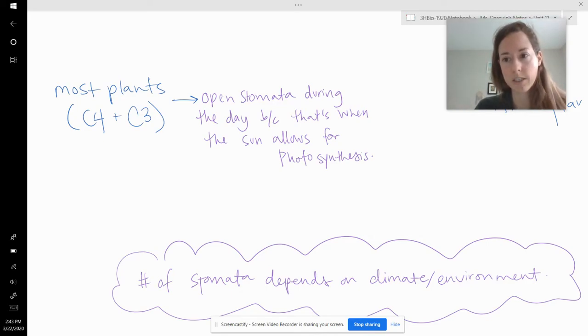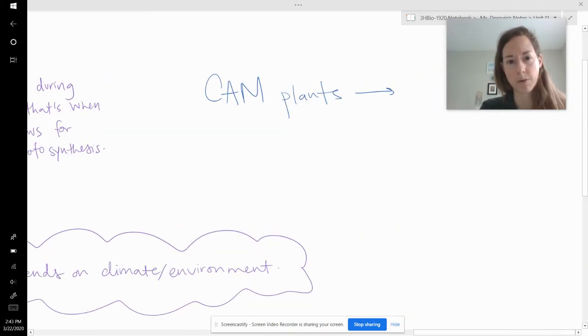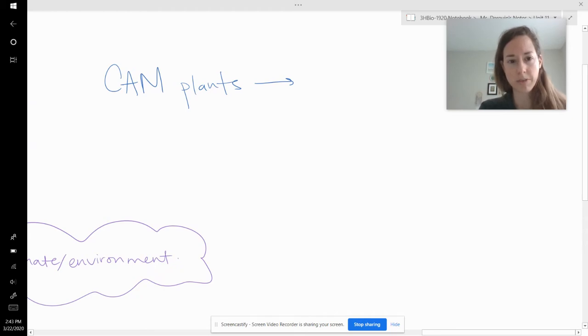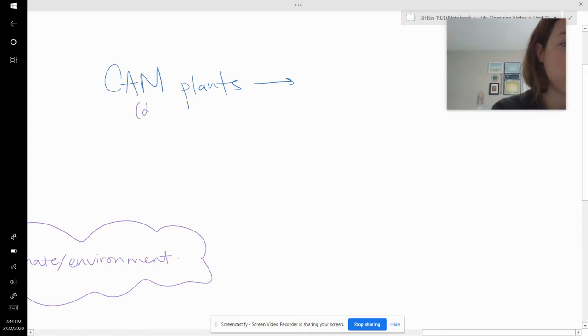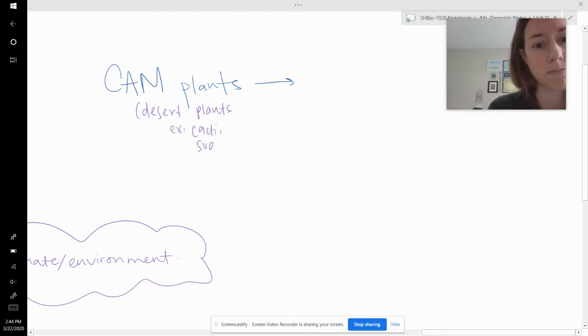Now, some plants, and I think you looked at this last week when you did plants around the world on Google Classroom, are desert plants. They live in super arid conditions. If they open their stomata during the day, the sun is going to basically suck all the water out of them and they would die. So these are usually desert plants like cactuses, cacti, and succulents.